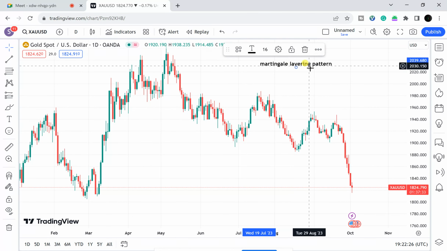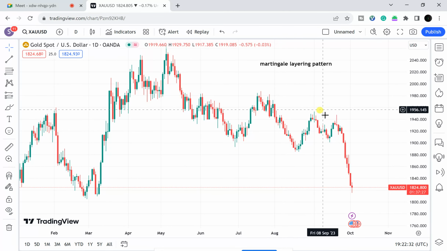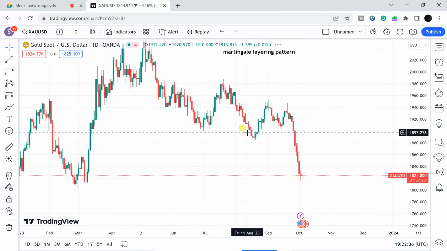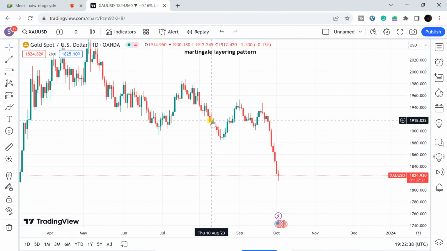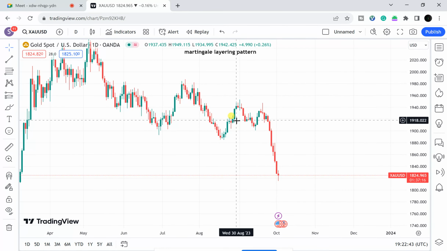So this is the first thing we are going to be learning today, our martingale's layering pattern. I want everyone to note, just assume that from here was where the call came in. Somewhere here, let's assume that we are about to take a sell in the market.